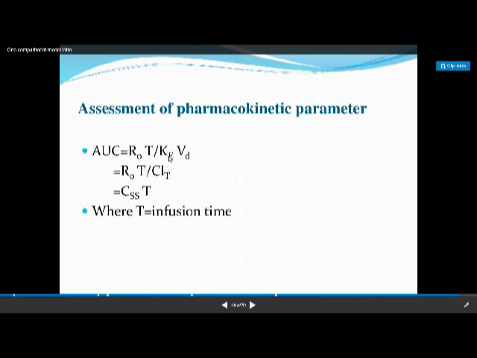This is equal to R0 T upon CLT, and R0 upon CLT is the steady state concentration. So CSS multiplied by the infusion time. If you put the value of CSS and time, we get the area under the curve, and we can easily assess the pharmacokinetic parameters by using the IV infusion.